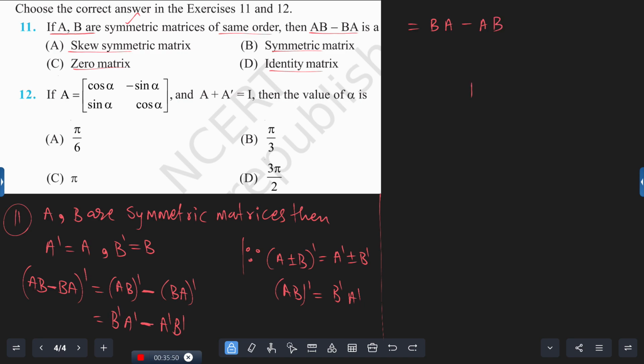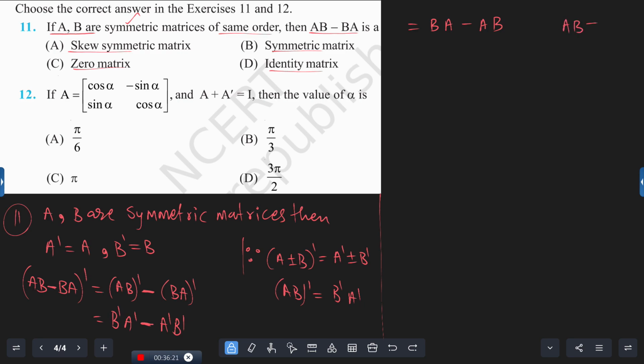Don't think that BA and AB are the same. Already we have seen in the first or second exercise that matrices need not be commutative. When they are commutative, I said, is if it is a diagonal matrix. If you think it is the same, you will give 0, and that is wrong. So you should not say it is the same. It never comes 0, because it is not commutative.